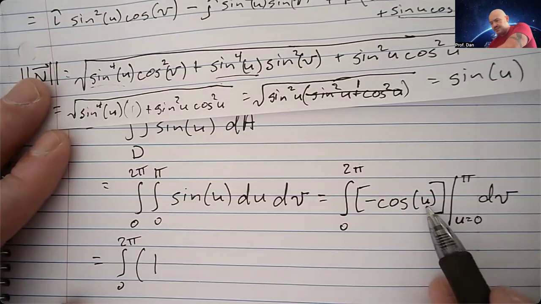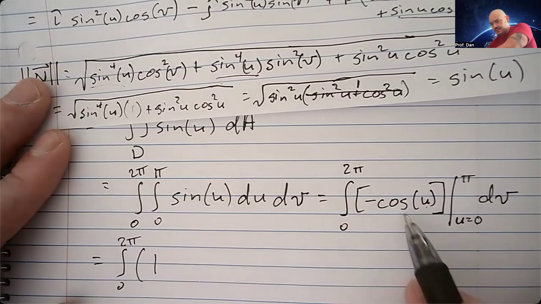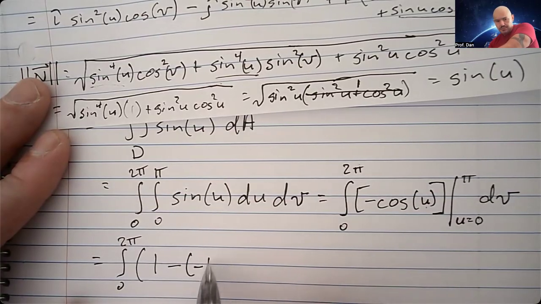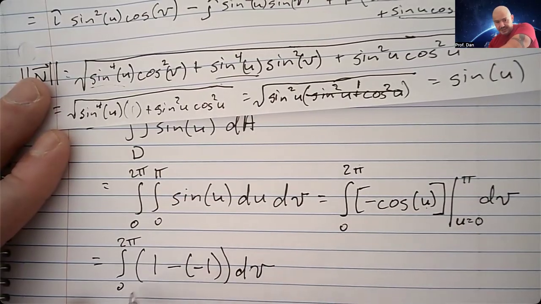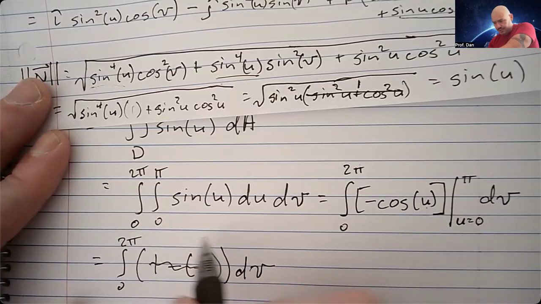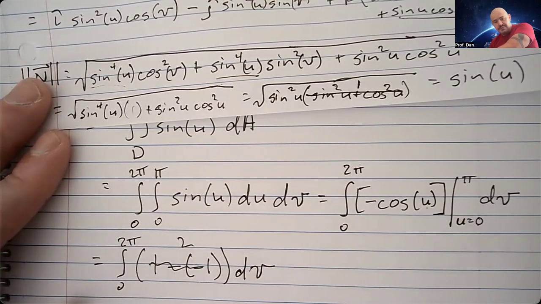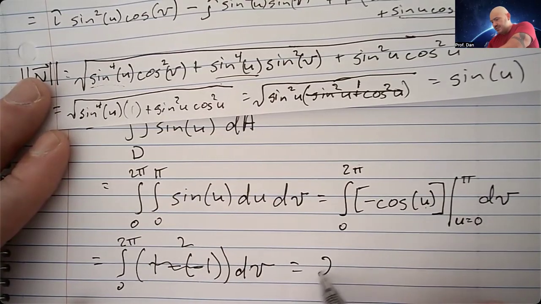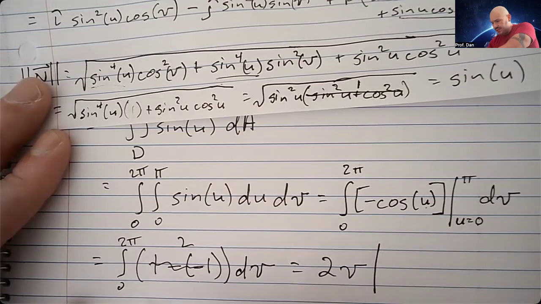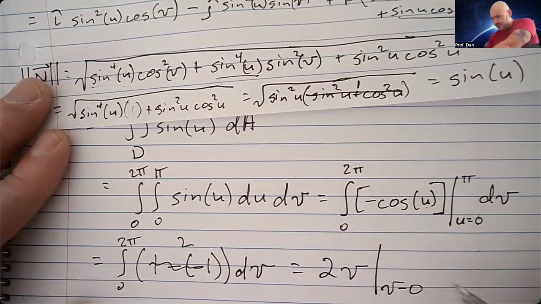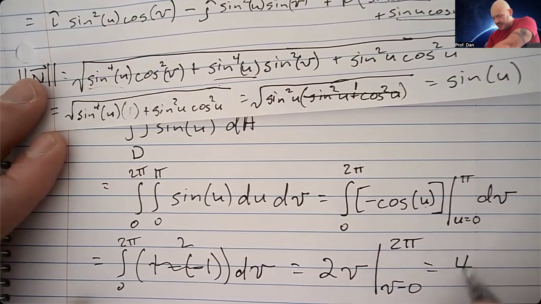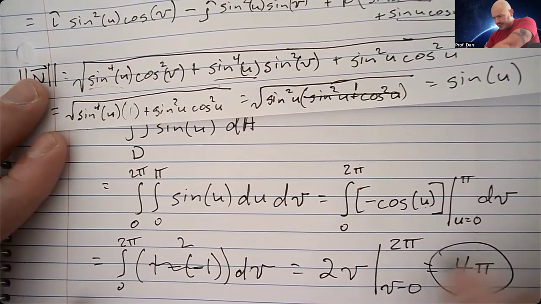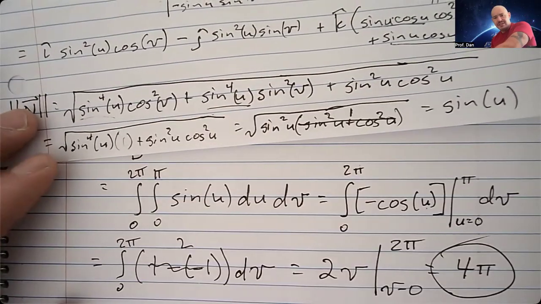And then if I plug 0 in, I get negative 1. So I'm basically taking the integral of 2 dv, which is going to give me 2v evaluated from v equals 0 to v equals 2 pi, giving me the answer 4 pi. And there we go.